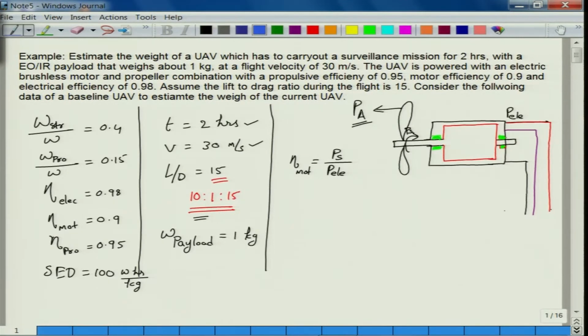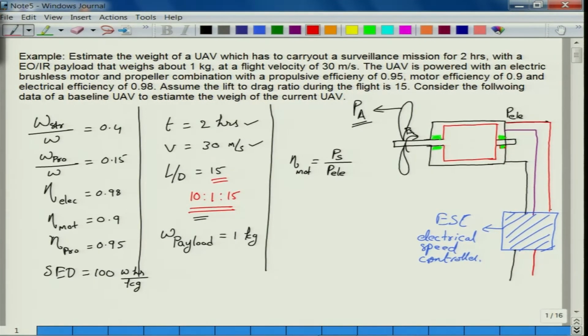a speed controller here, what we call the electric speed controller. So, this is ESC. And then it is again connected finally to the power source. So, the power source that we carry is a battery here, a lithium LiPo battery.